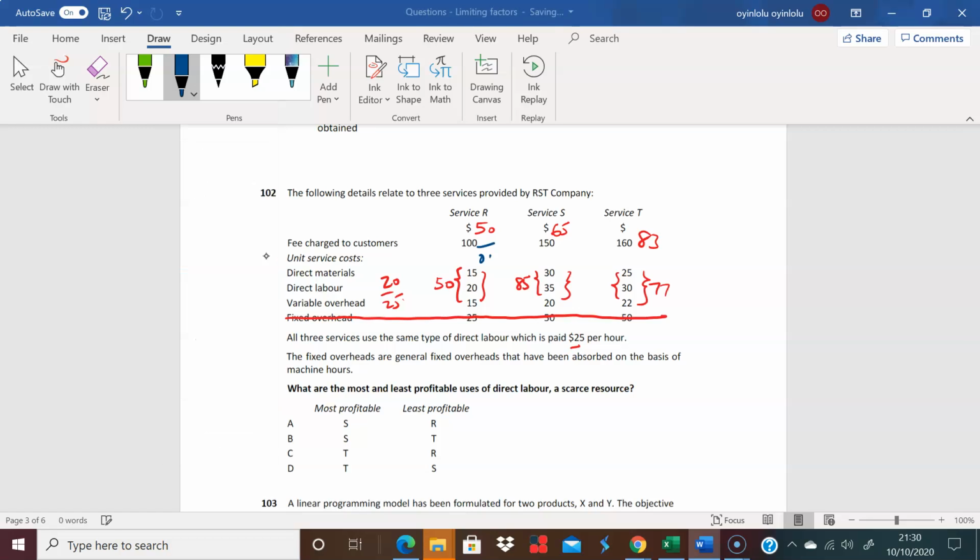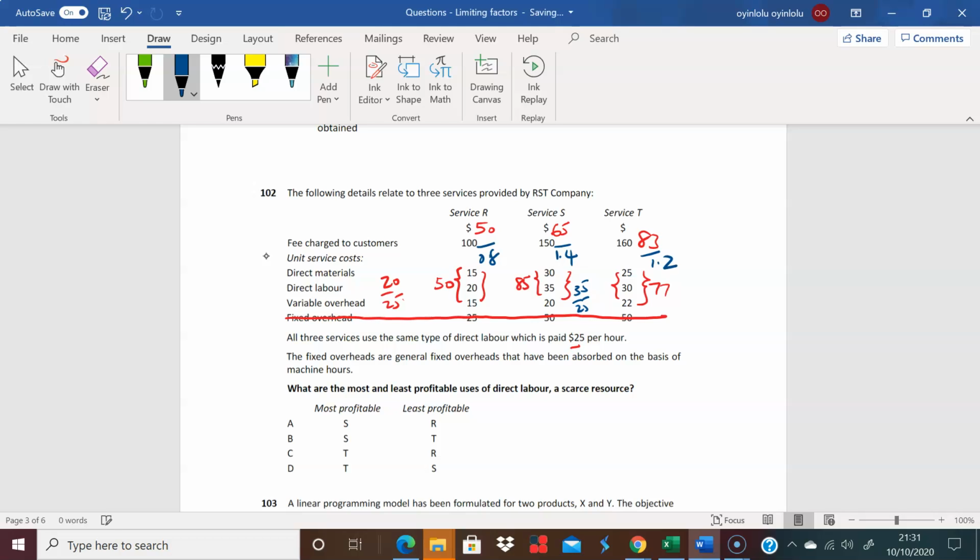And then here 35 divided by 25 is 1.4 hours. And here I've spent 30 over 25, and that's 1.2.